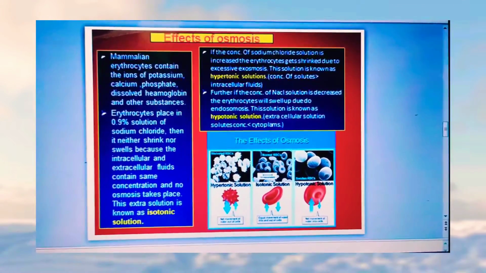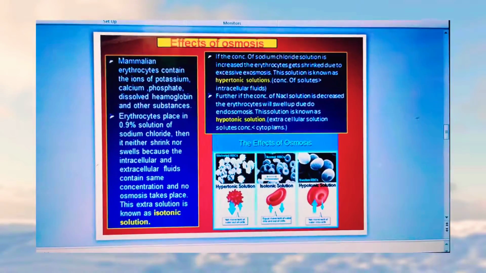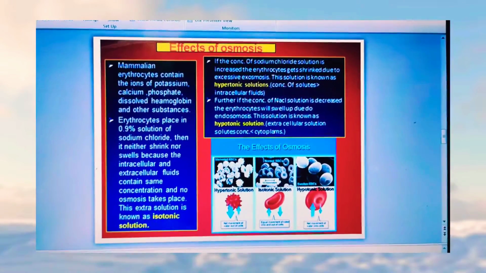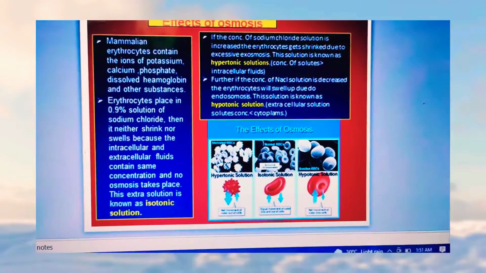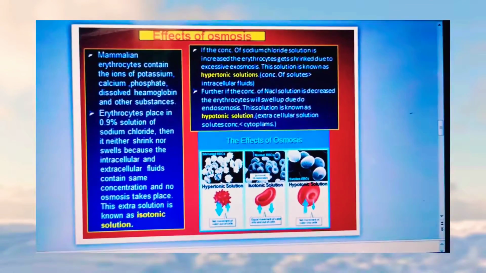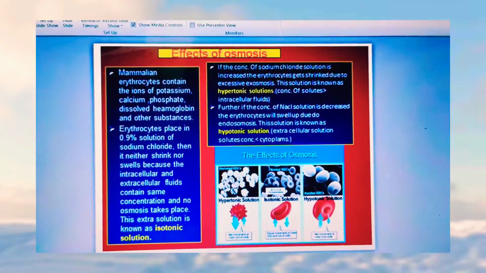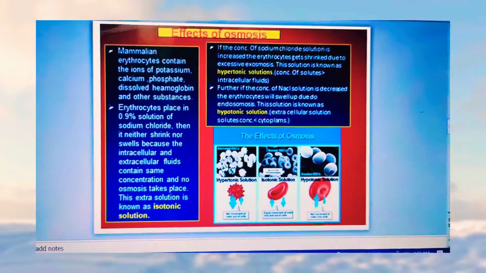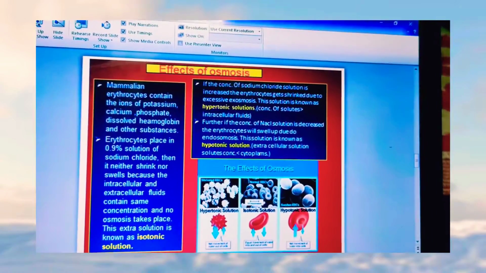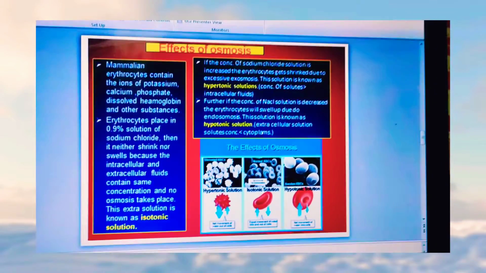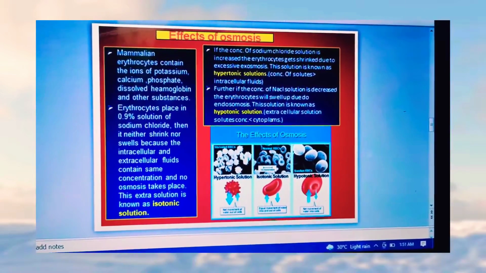Osmosis is the spontaneous movement of molecules from its higher concentration to its lower concentration. Now, we drink water. Let me tell you, when we drink water, how does the water hydrate our organs?